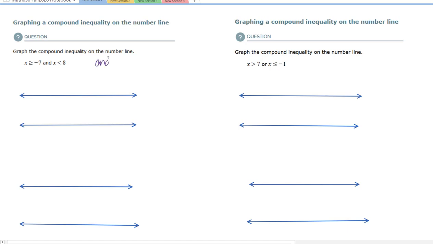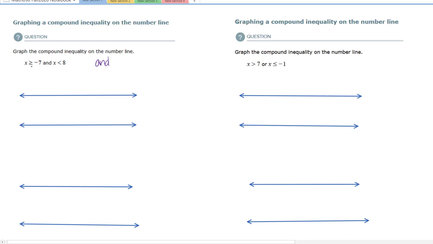"And" is the more restrictive of these two words. "And" means only overlap. Both inequalities have to be true for a number to fall into the solution set, or the graph of this whole compound inequality.